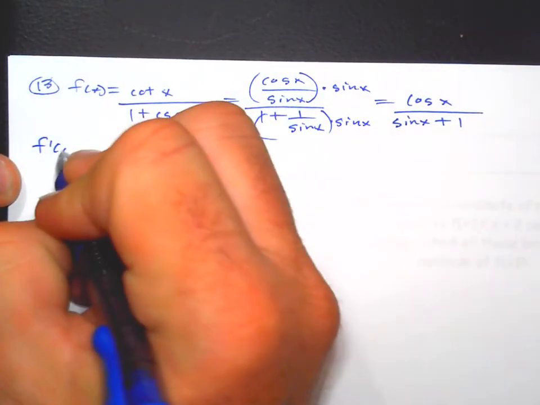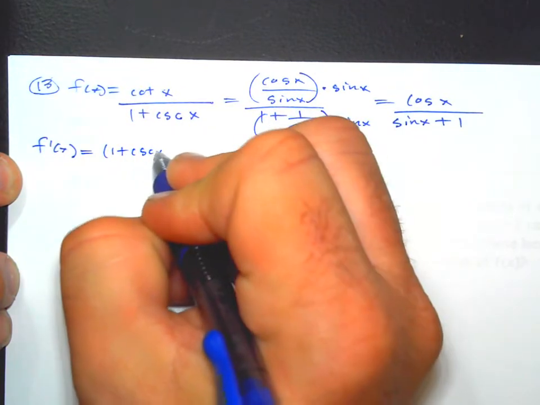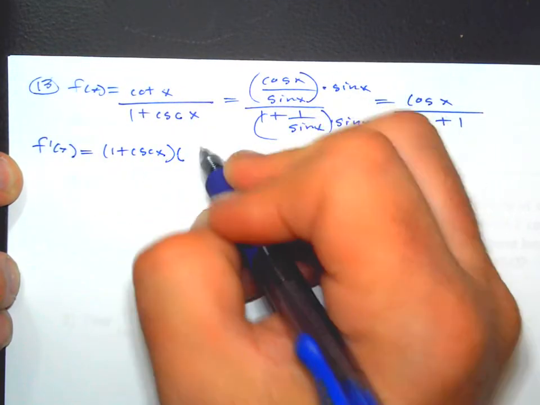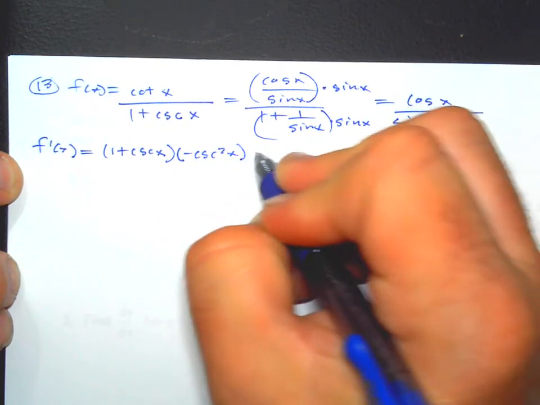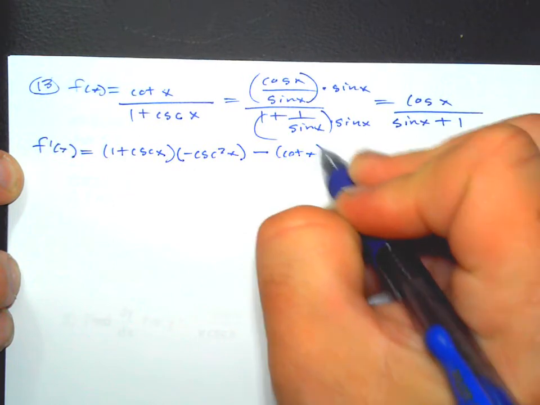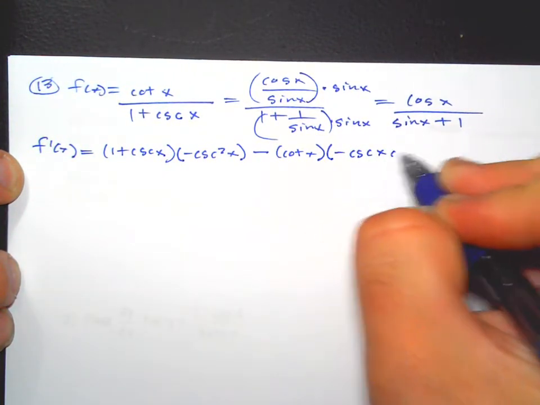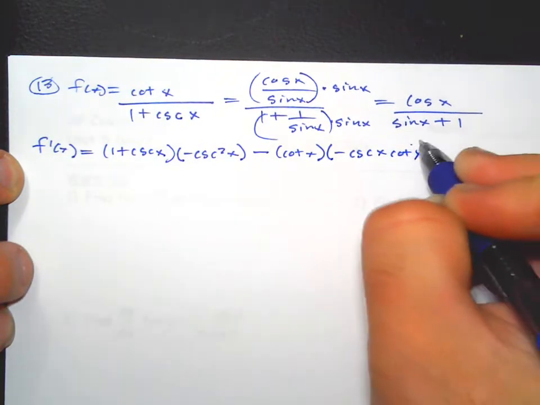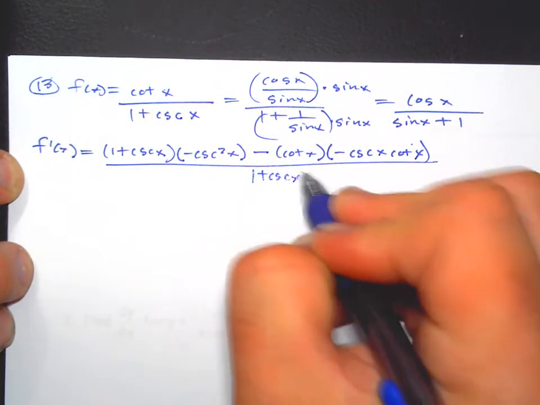So if we do it the first way, low d high, the derivative of cotangent is negative cosecant squared, minus low d high minus high d low, cosecant cotangent, all over low squared.